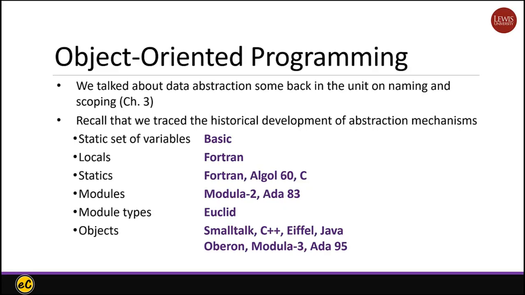Module actually had the idea of namespace, something like that. And then in Modula-2, Ada start to have module. And then later start to use the object, including not only data, but also methods in a class. Let's start with Smalltalk, C++, Java, these different languages.